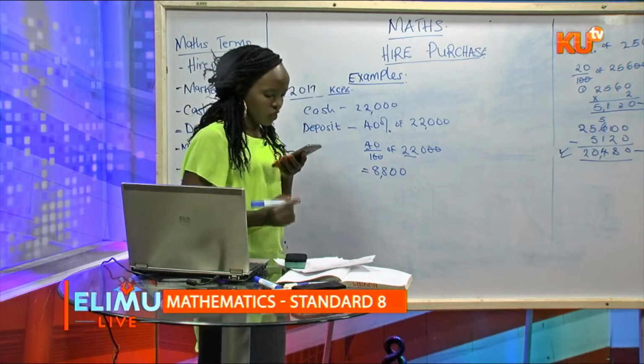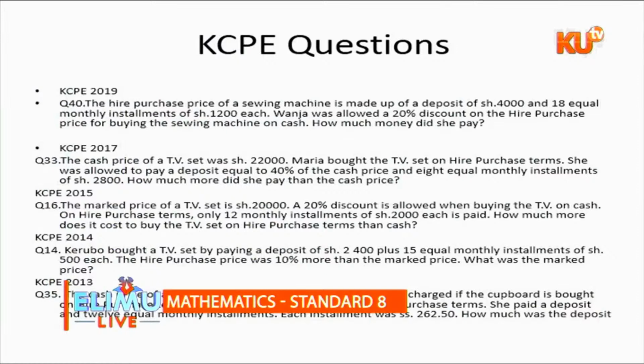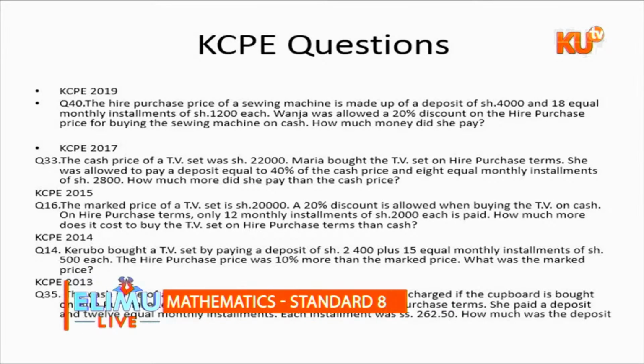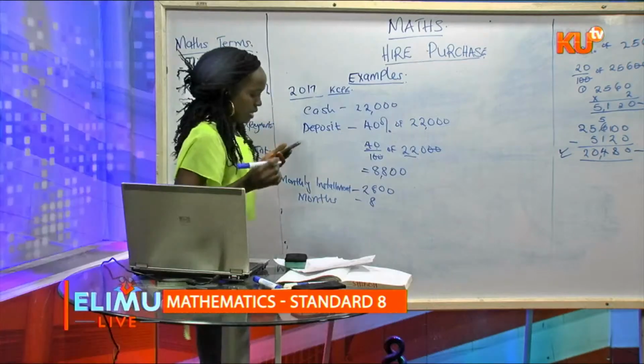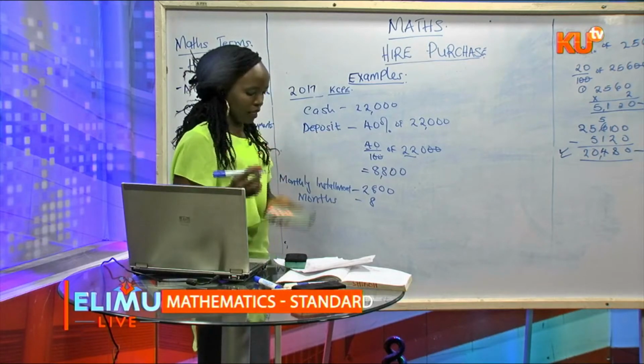We continue. The question says, and 8 equal monthly installments of 2,800. This was the monthly installment, and they were 8. So the number of months was 8. How much more did she pay than the cash price?